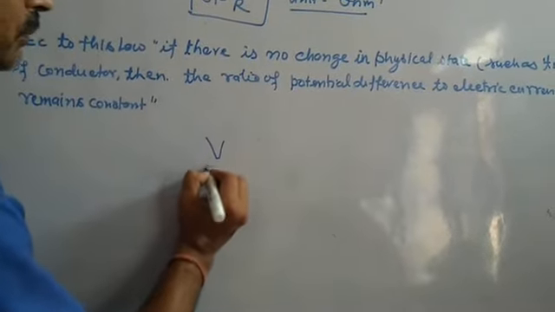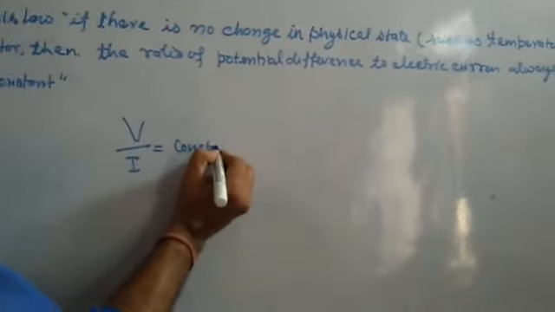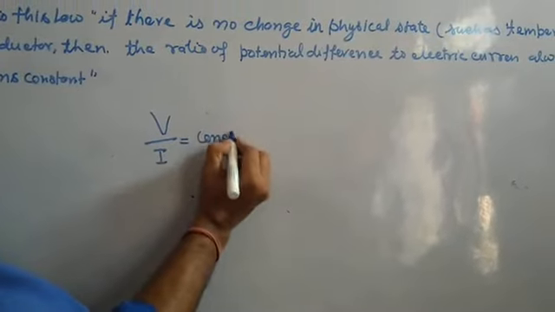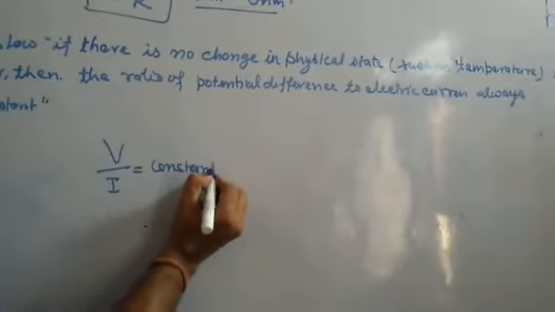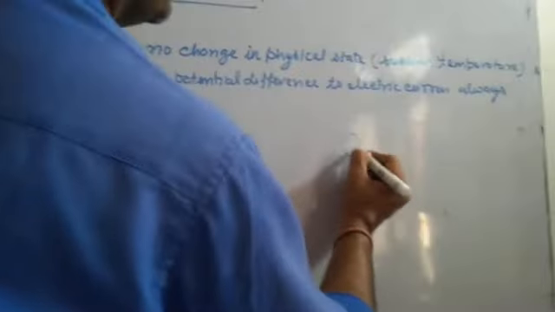Means V by I equal to constant. This constant is known as the resistance of that conductor.